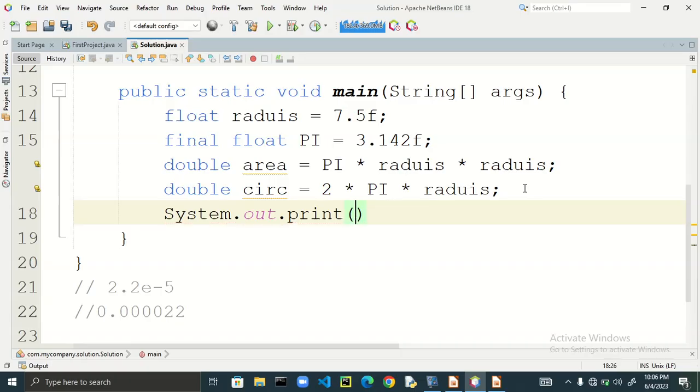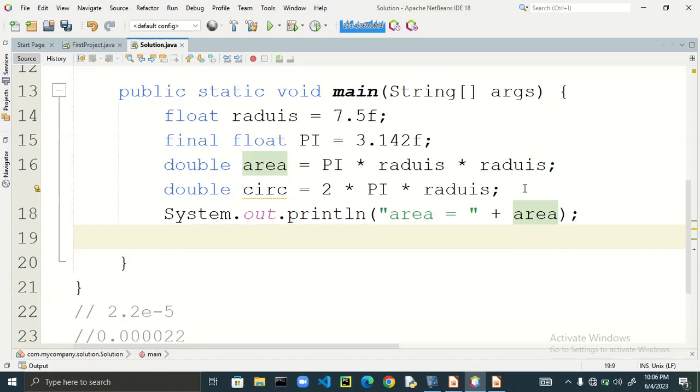So let's finally go ahead and print out our answer. System.out.println. The ln should be here. And let's make it short. Area equal to, then you have your plus, then you put your area here. Don't forget your semicolon.